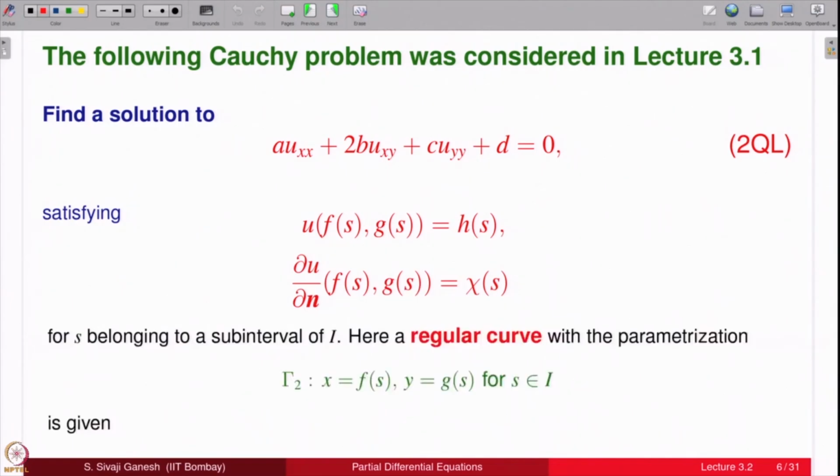It is a curve parametrically given in the plane, gamma 2, and the curve is a regular curve, that means f' and g' do not vanish simultaneously. Along this curve we are specifying the value of u as h and the normal derivative of u as chi. These functions h and chi are given.